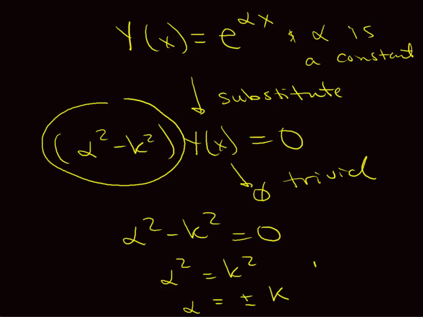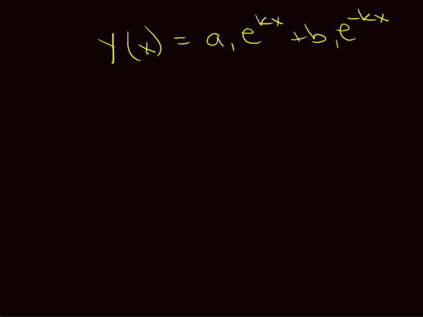So right now, for our constant alpha, we have two solutions. This solution for our equation then becomes y of x is equal to our integration constant, e to the kx plus b sub 1 e to the minus kx.